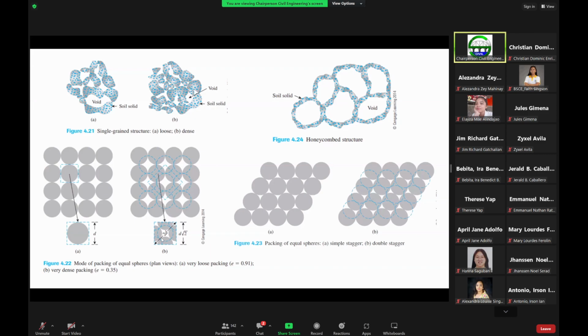Then you have one sphere here. So here the hypotenuse is 2d, and then the dimension on the side is d over square root of 2, as per the Pythagorean theorem, for example.